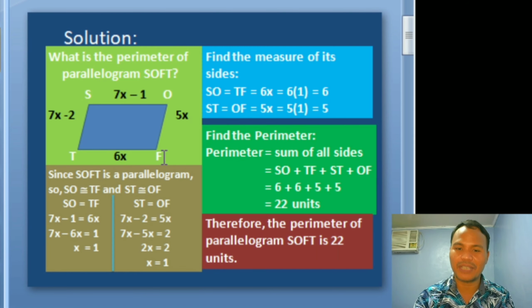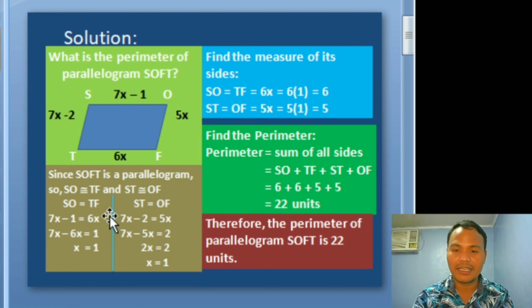Again, these two sides are opposite, and opposite sides of a parallelogram are congruent. So, in solving for x, since we have only one variable, which is x, we can use SO and TF, or we can also use ST or OF. It's either of the two in solving for the value of x.